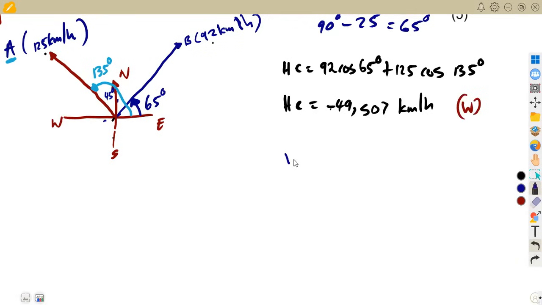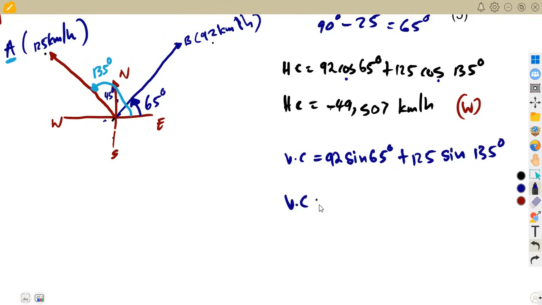We move on to the vertical component. We just have to use sine here. So it's going to be 92 sine 65 degrees plus 125 sine 135 degrees. We combine everything. So that's our vertical component, right? Our vertical component in this case gives us 171.769 kilometers per hour.